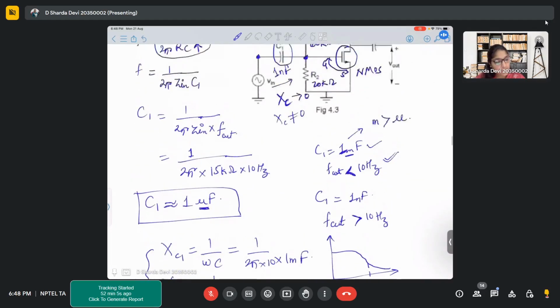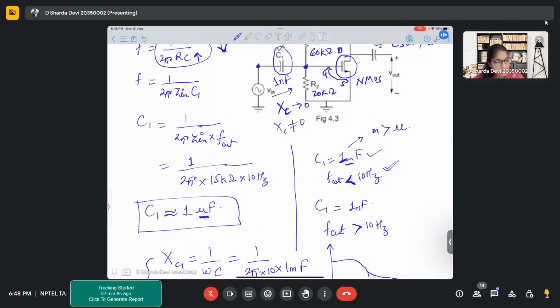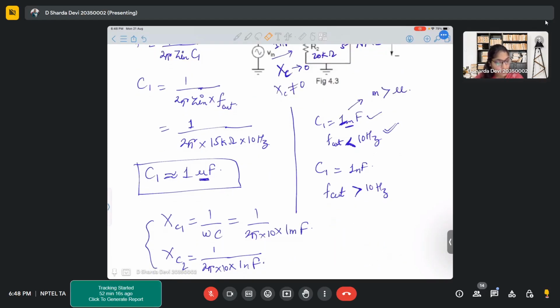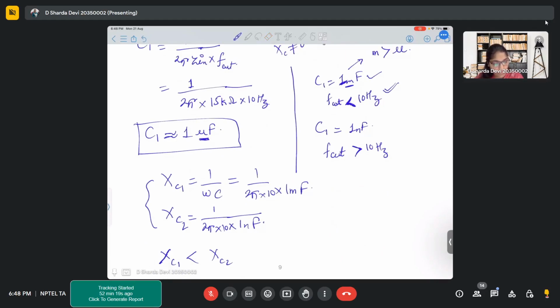Now the next question is, let's change the values to 1 millifarad and 1 nanofarad, right? So here for 1 millifarad, what is the Xc that you will see? And for 1 nanofarad, what will be the Xc value? Let's quickly calculate. 2 pi into 10 into 10 to the power minus 3.